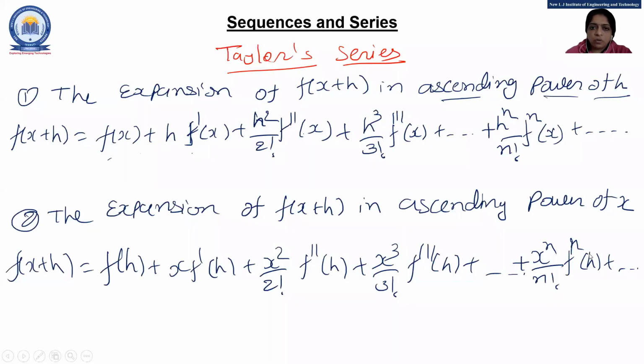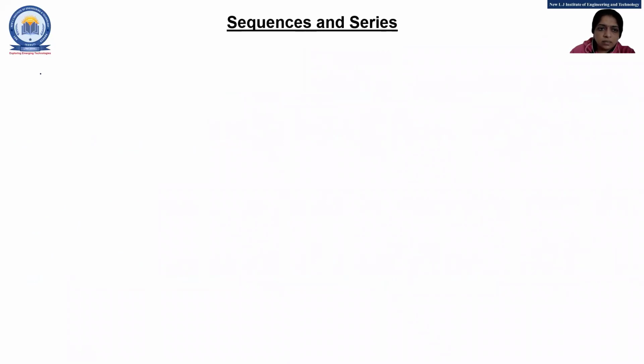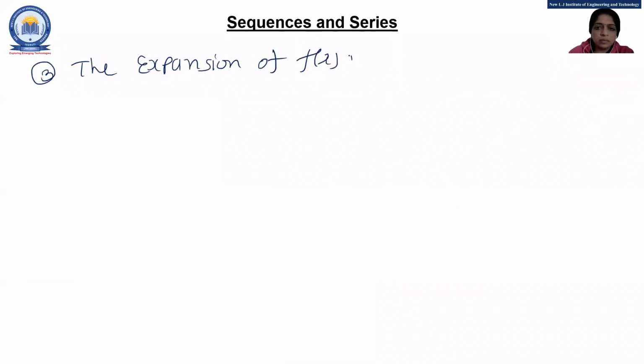And the last form of the Taylor series is the expansion of f of x in ascending power of x minus a.